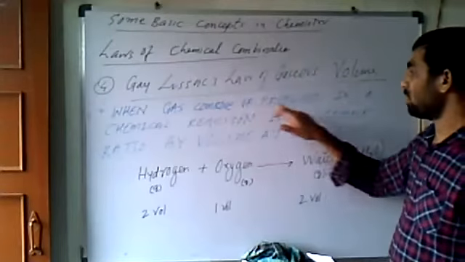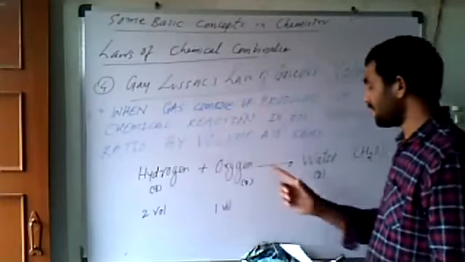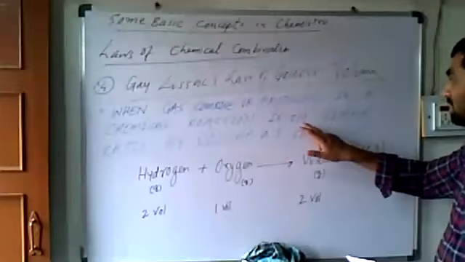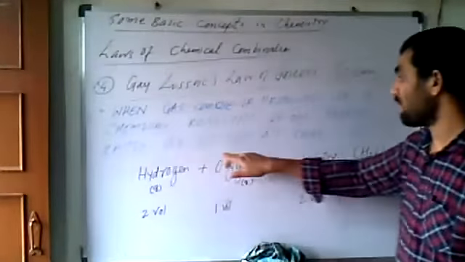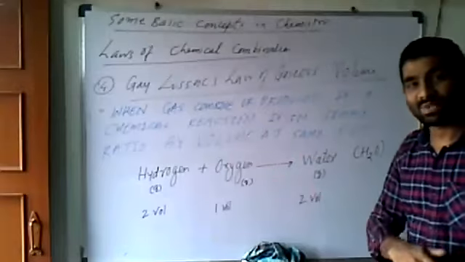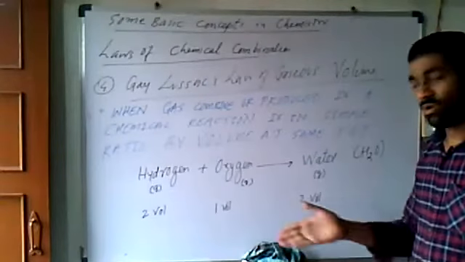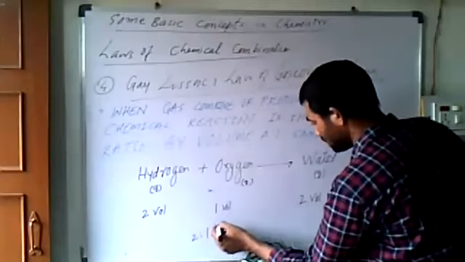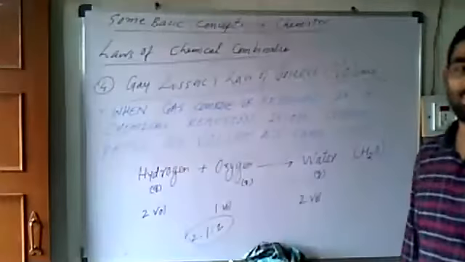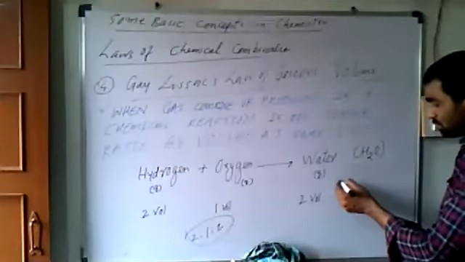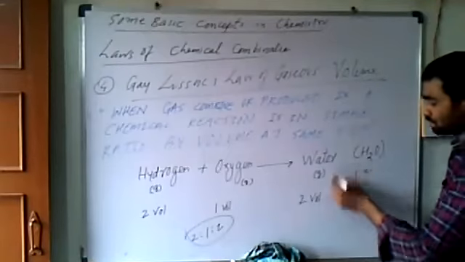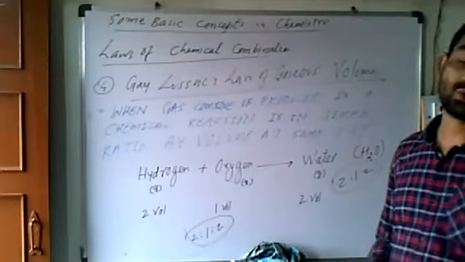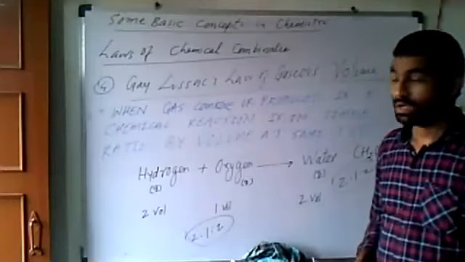When gases combine or are produced in a chemical reaction, it is in a simple ratio by volume at the same temperature and pressure. So what is the simple ratio? 2 is to 1 is to 2. This is called the simple ratio of the volume, right?